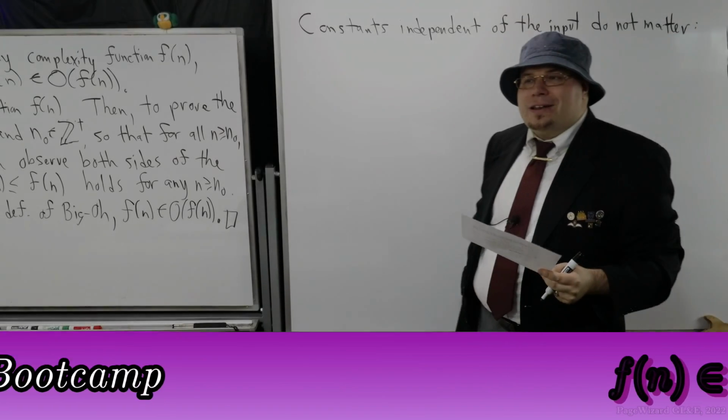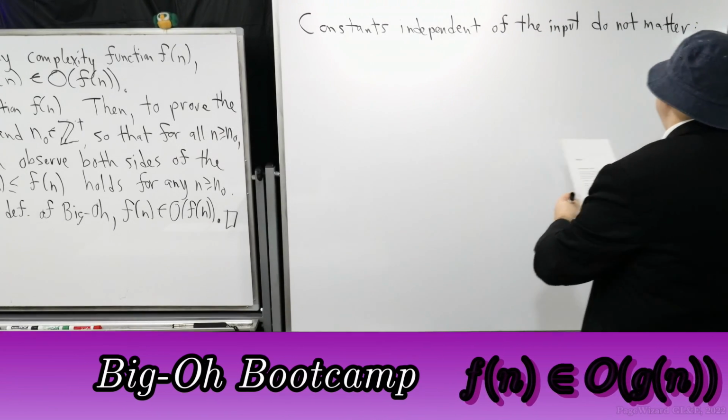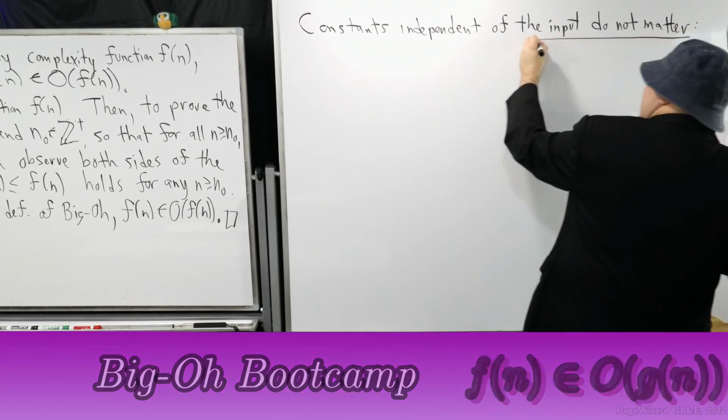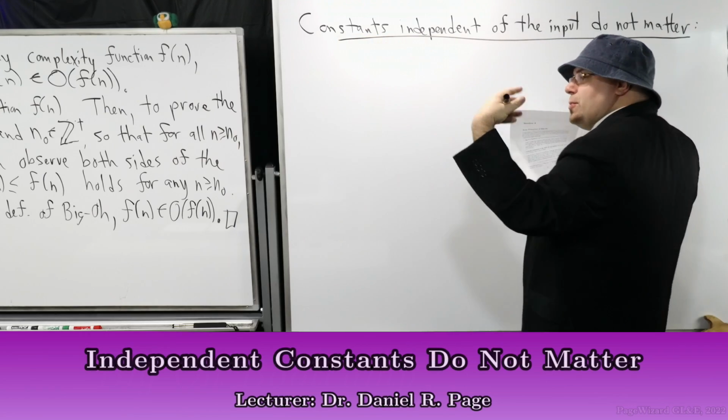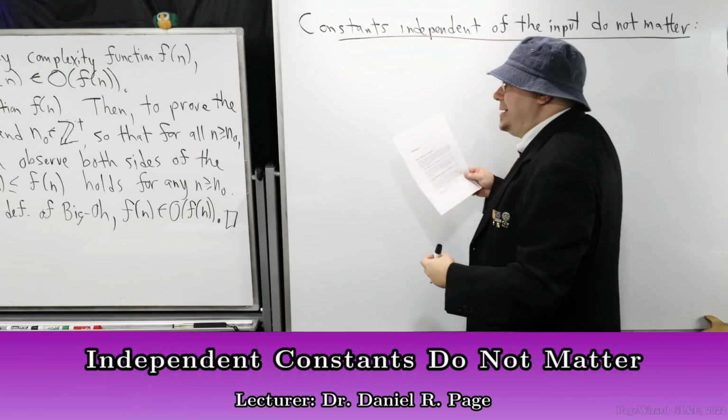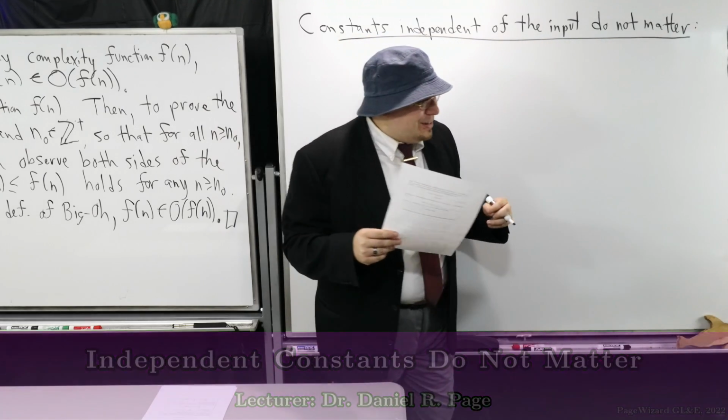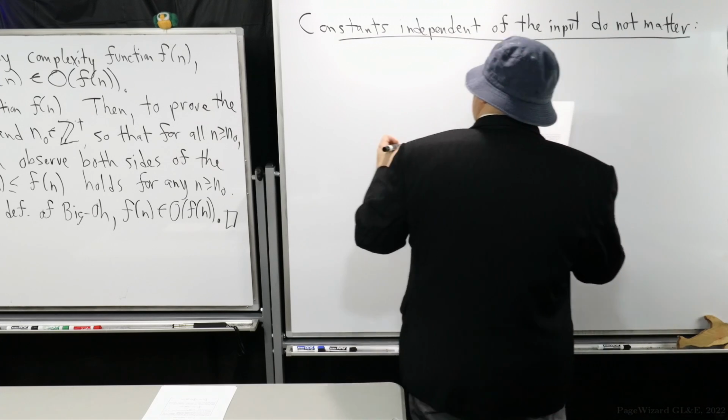So constants independent of the input do not matter. So what am I saying? And keep in mind there's several different ways you could reformulate this property, and it will still probably be true. It works like this.